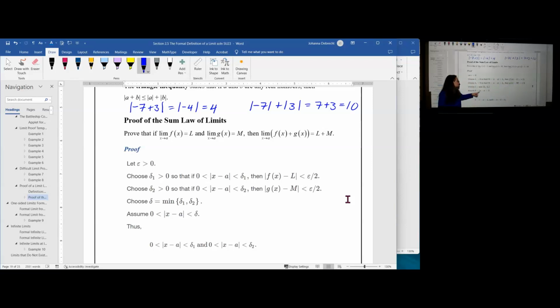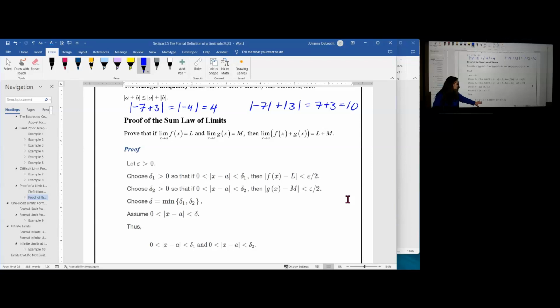Then I look at the two delta values and I do that trick I did on the more difficult proofs. I take the smaller one, choose the minimum of delta 1 and delta 2. Well, if they're the smaller one for delta, then it will work for both of these, which will guarantee that both are less than epsilon over 2.